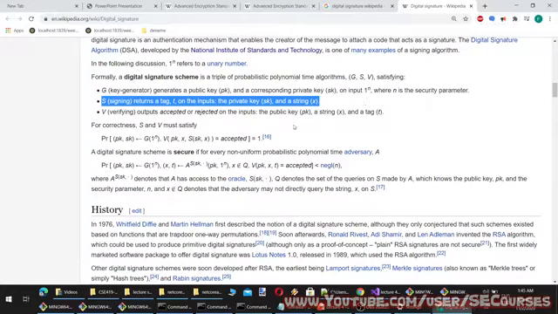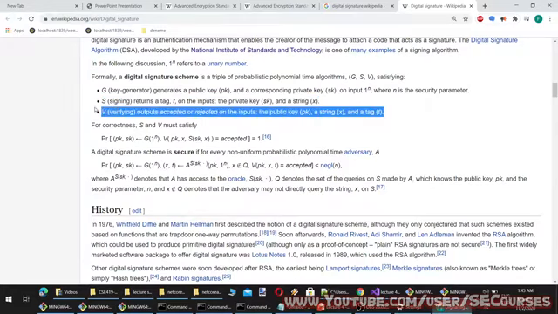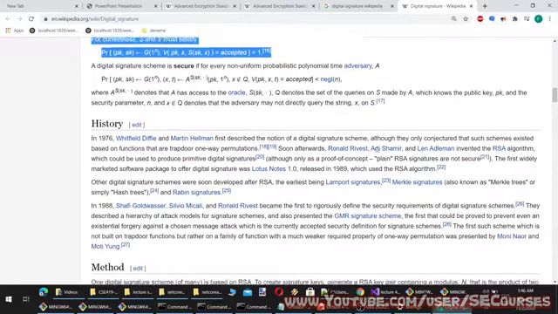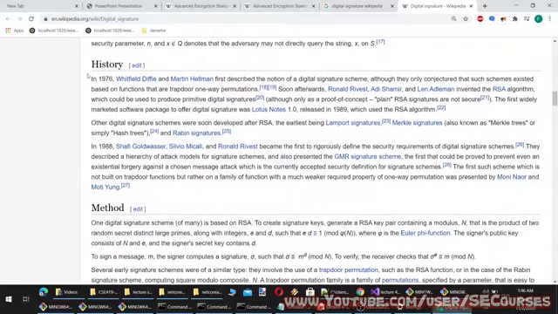S, signing, returns a tag, T, on the inputs, the private key, SK, and a string, X. V, verifying, outputs accepted or rejected on the inputs, the public key, PK, a string, X, and a tag, T. For correctness, S and V must satisfy Pr[(PK, SK) ← G(1^n), V(PK, X, S(SK, X)) = accepted] = 1.